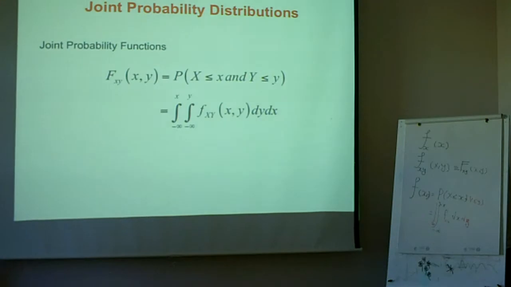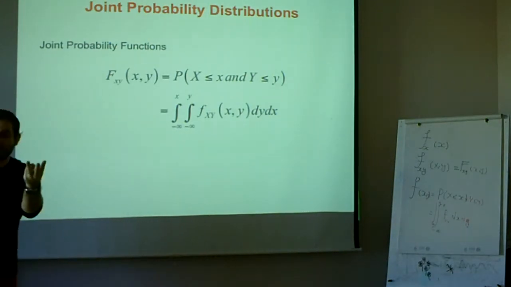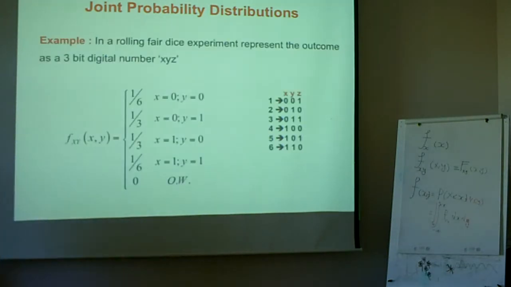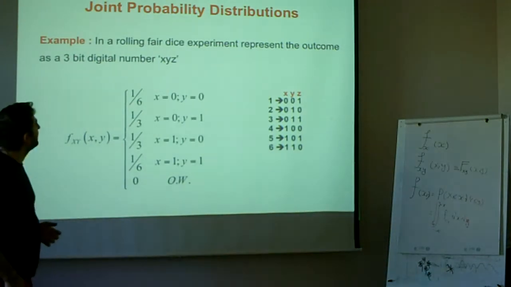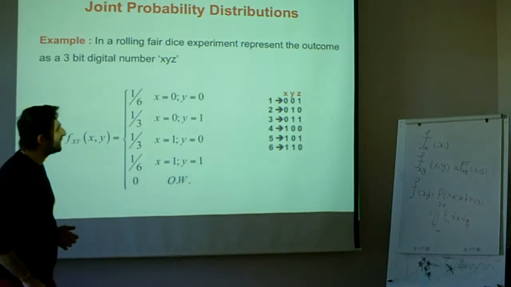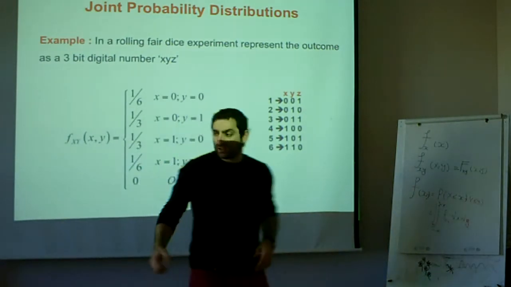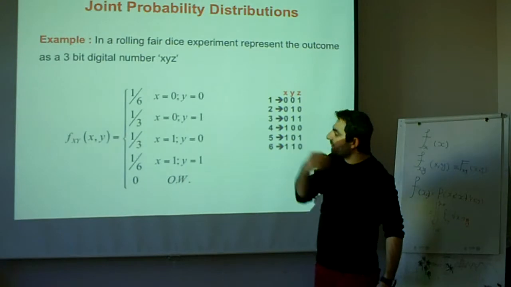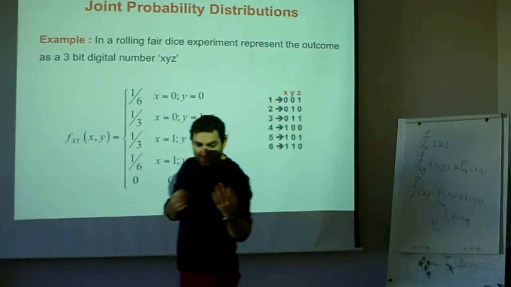Now, here we do an example. Of course, I have talked about only 2 joint random variables. We can have 3 joint random variables, 10 joint random variables. Now here, look what we have. We have a question, and the question says, in a rolling fair dice experiment, the outcomes are represented by 3-bit numbers.